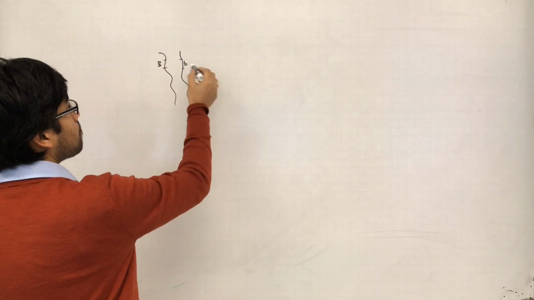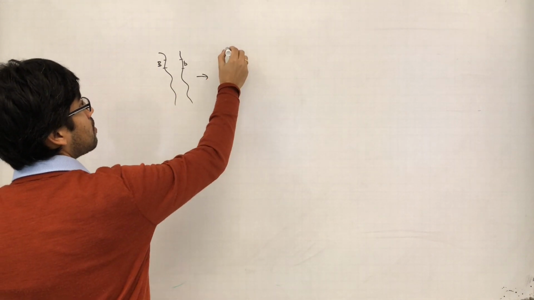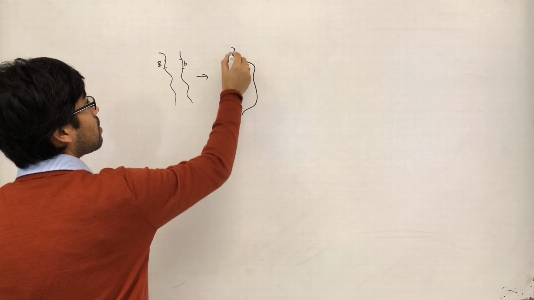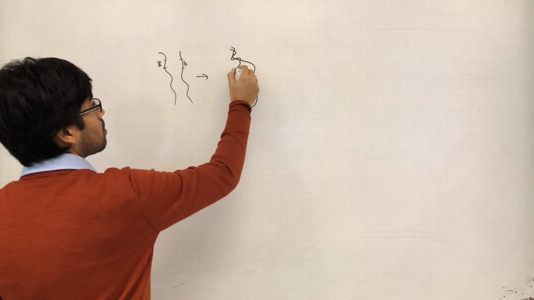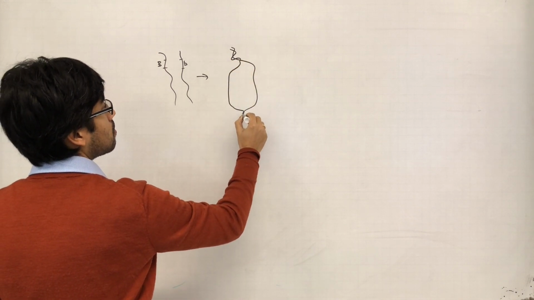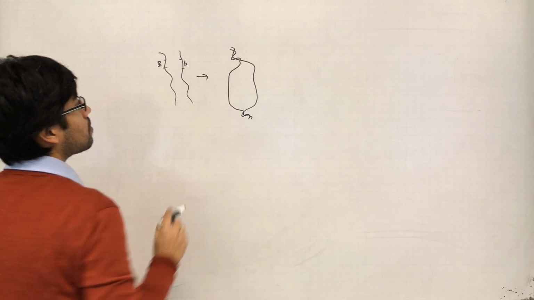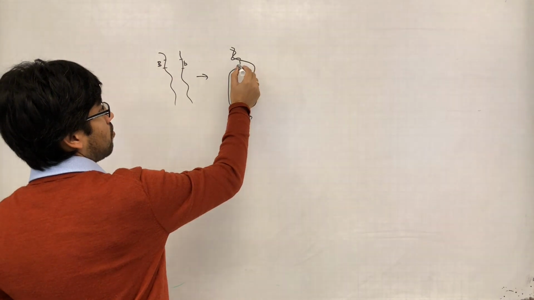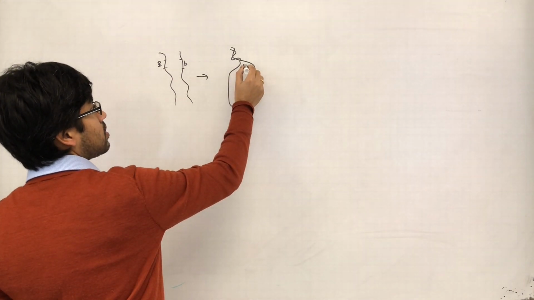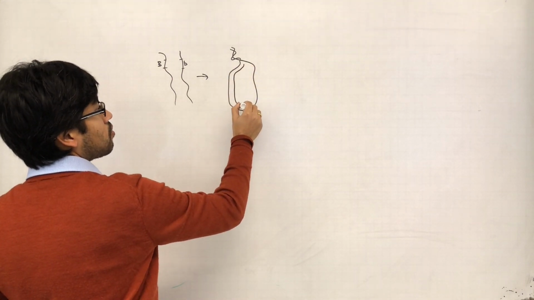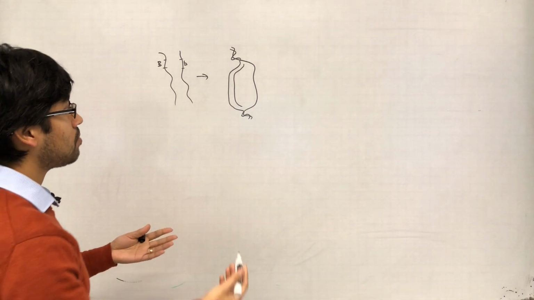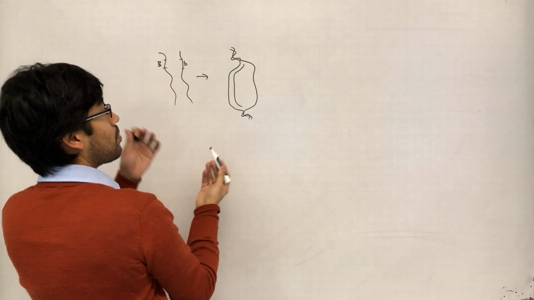So a section of that DNA will at some point undergo unwinding, and the unwound section will be copied, or used as a template, to make RNA, mRNA. The DNA will then wind back up again.